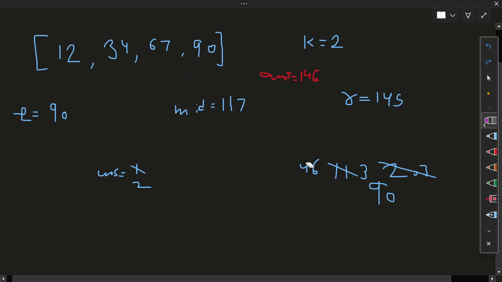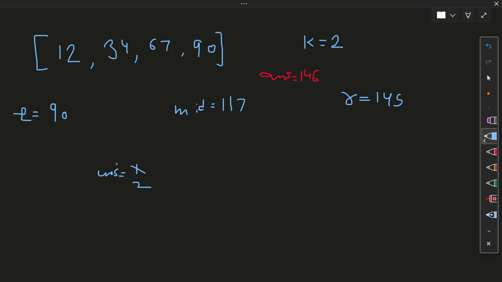How many persons do we need to read 117 pages at max? So we require two persons. So two persons is our required answer. So this is the answer, or the answer can be lower than this value.